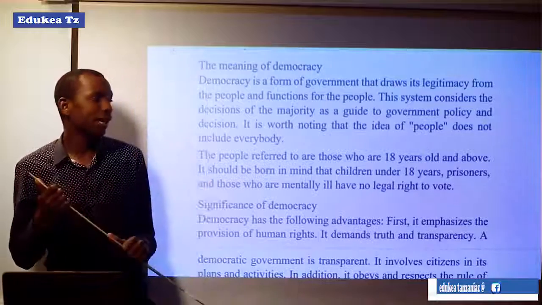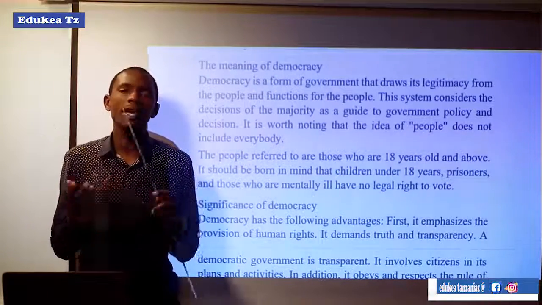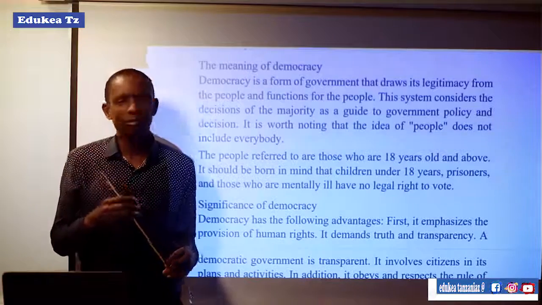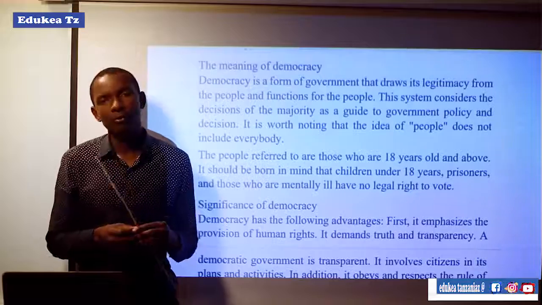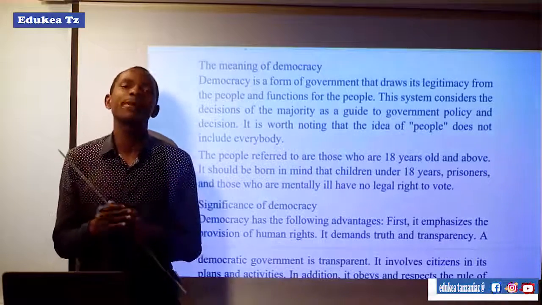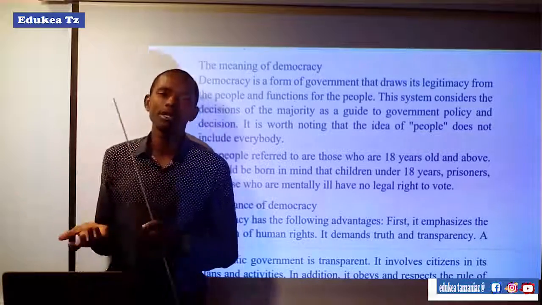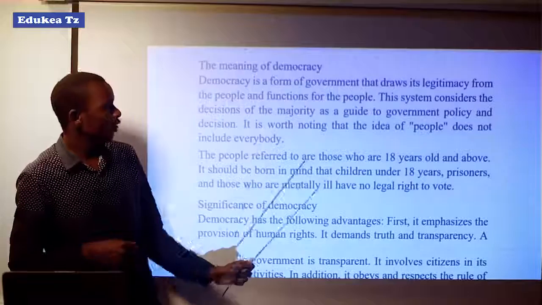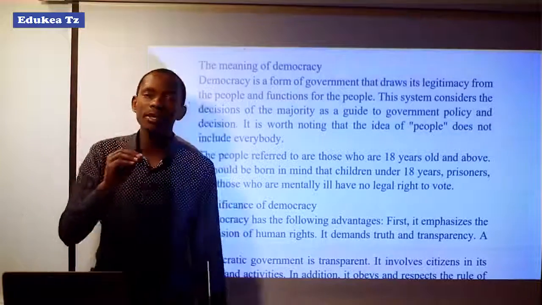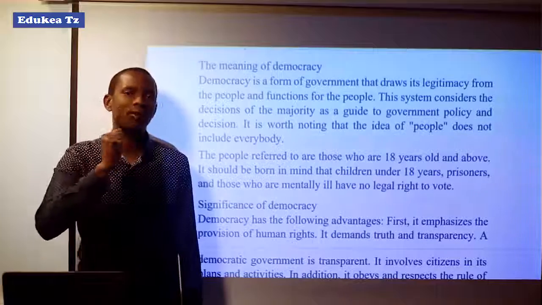Also, they consider that everything conducted in a democratic government involves every person in a particular society, nation, or group of people. So that is the majority. Any decision cannot be made by one person.